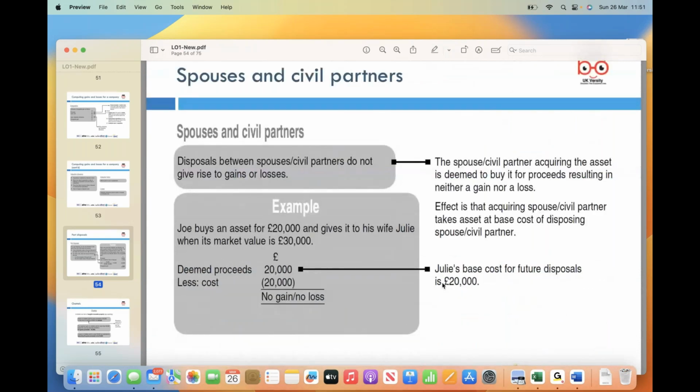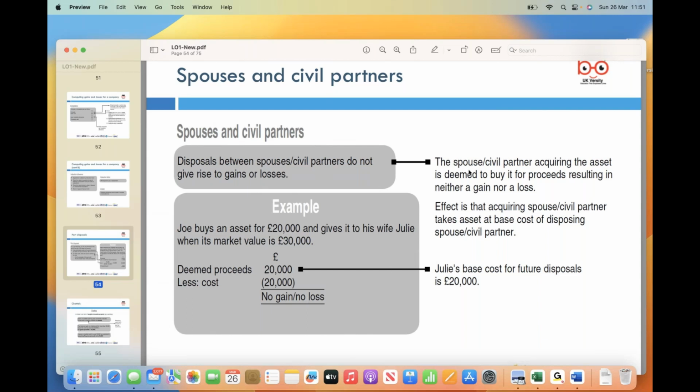Here you see that disposals between spouses and civil partners do not give rise to gains or losses. Example: Joe buys an asset for 20,000 pounds and gives it to his wife Julie when its market value is 30,000 pounds. Deemed proceeds 20,000 pounds less cost 20,000 pounds, no gain, no loss.